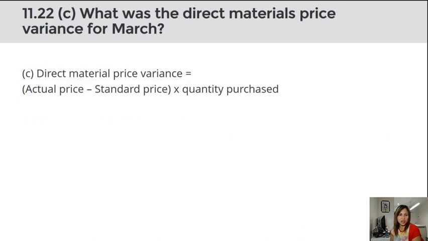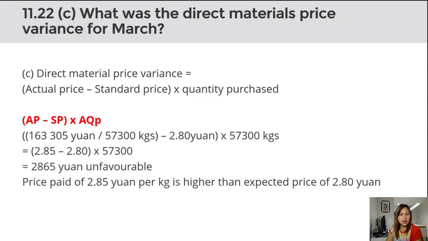Next, the third one. What was the direct material price variance? Now we need to do variance for price. Price is focusing on the difference between actual price and standard price. Direct material price variance. Actual price from the question is 163,305 yuan divided by 57,300 kilograms in total. Therefore, actual price per unit is 2.85.